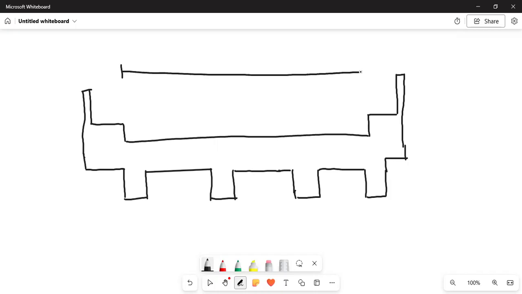From here to here, it is known as carriageway. This is the actual road on which the vehicle will move, and that distance is known as carriageway width.